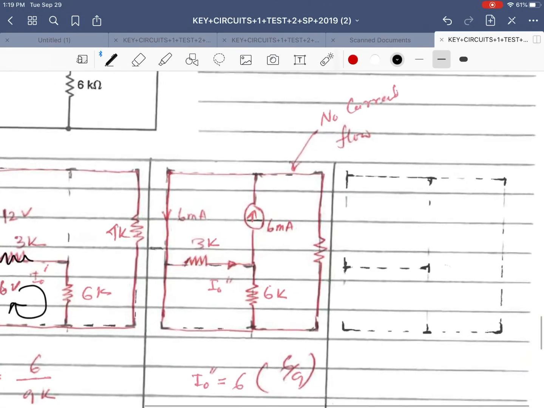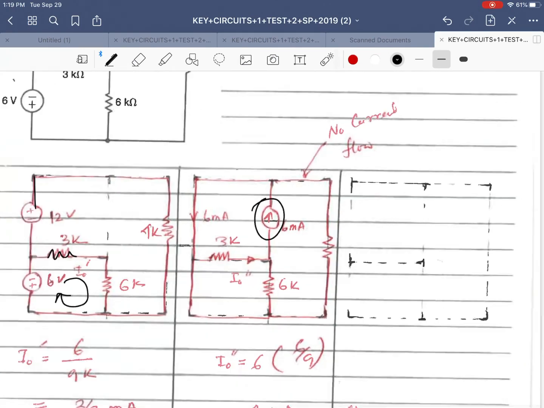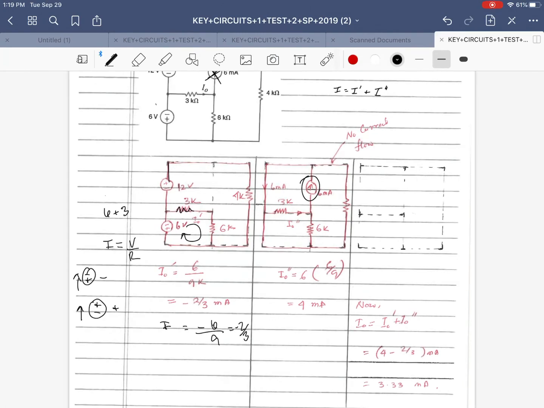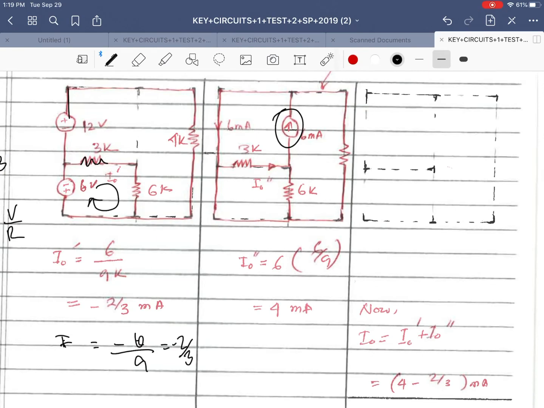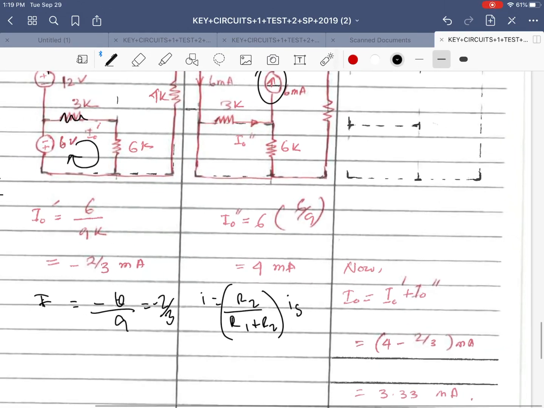Okay, double prime. So now what you do is superposition. You add this current source back in, and then you do the exact same thing. Okay, so for double prime, we're going to use the current divider, and remember the current divider is going to be R2 over R1 plus R2 times the source.